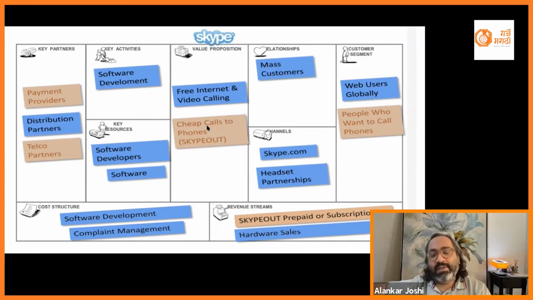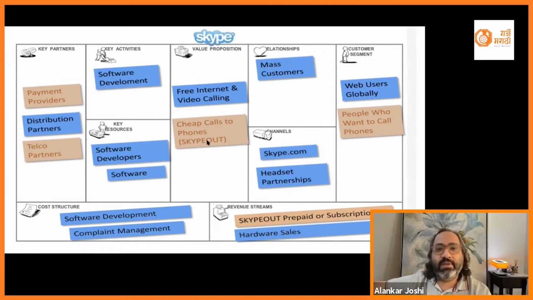And then there were hardware sales as well, because earlier they used to offer these devices that allowed you to call a physical phone, or call from a phone to an internet based member. And costs were largely around developing the software and applications, and then customer service related costs, right? Managing complaints, billing, customer success, all of that.